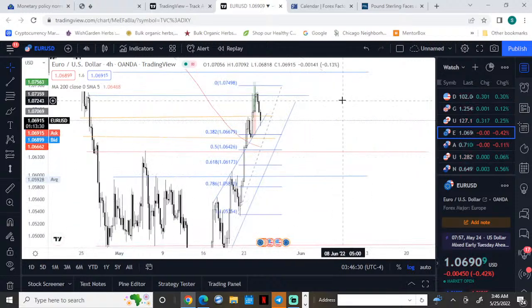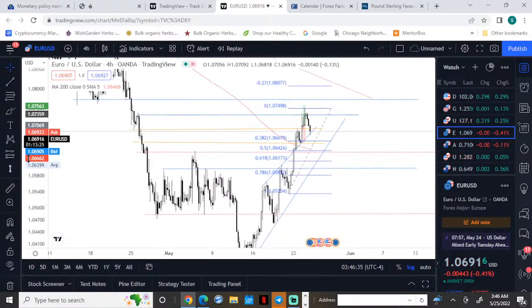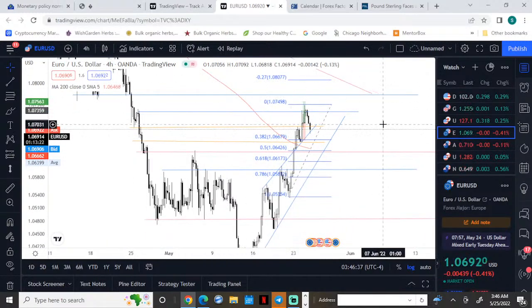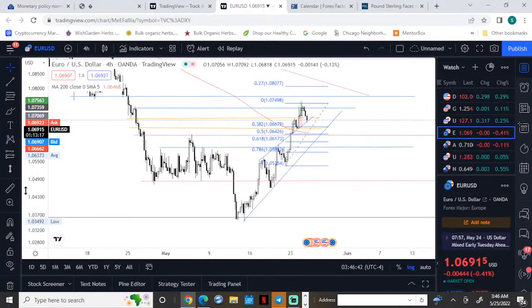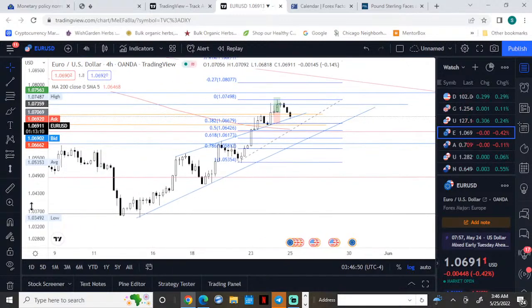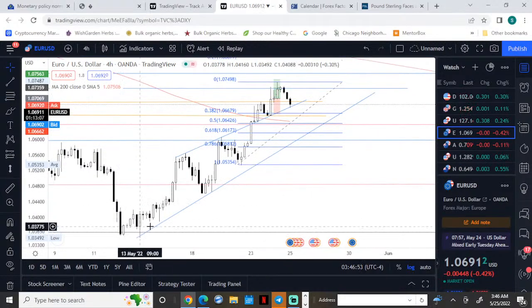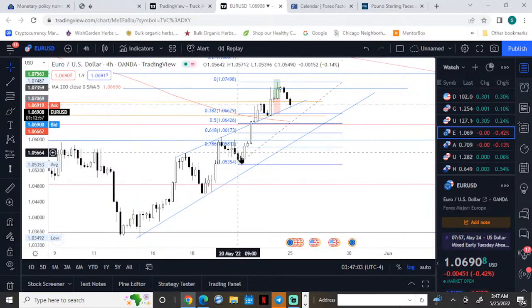Let's see. So we don't have a break of structure to say that price has changed and went into a downtrend yet. Because we have our equal low right here, our low, our higher high, our higher low, our higher high, our higher low, our higher high.